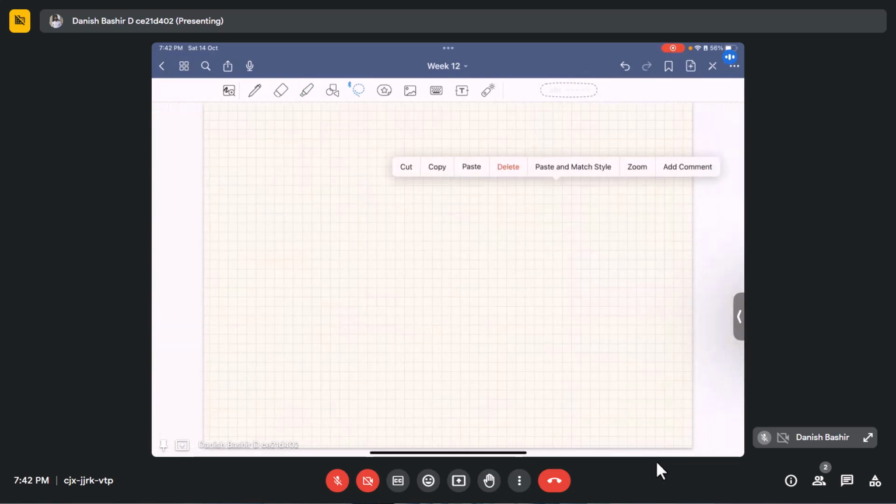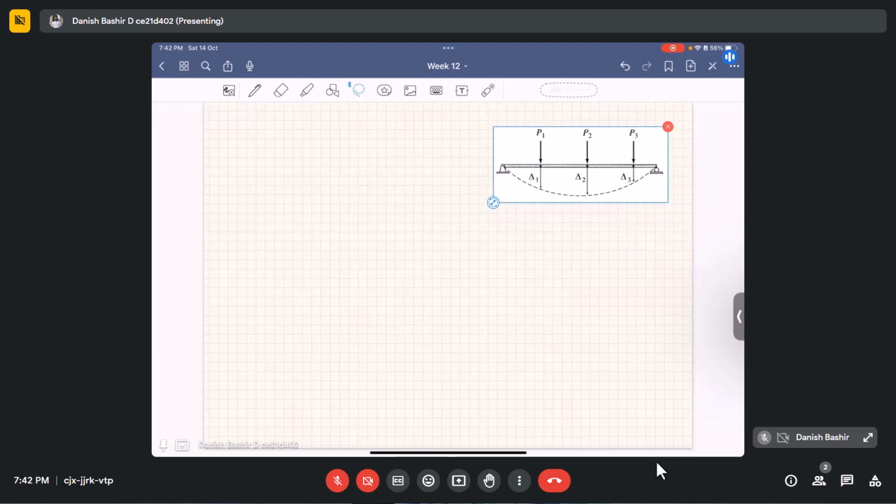If I assume a linear elastic structure like this, it's a simply supported beam subject to 3 point loads P1, P2 and P3, and these point loads are causing deflections delta 1, delta 2, delta 3 at their respective points of action. I will tell this first hand, that deflections delta 1, delta 2 and delta 3 are independent of the sequence of application of P1, P2, P3.